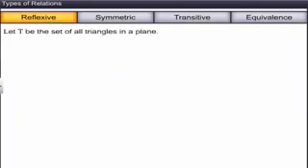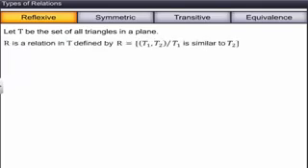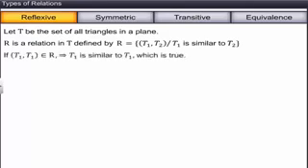Let T be the set of all triangles in a plane. Define the relation R in T by the set of ordered pairs (T1, T2) such that T1 is similar to T2. If an ordered pair (T1, T1) is in set R, then it implies that T1 is similar to itself, which is true, since every triangle is similar to itself.